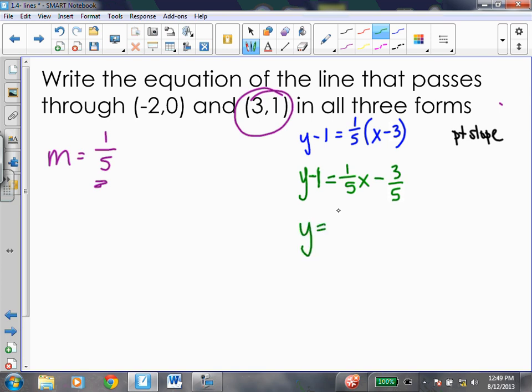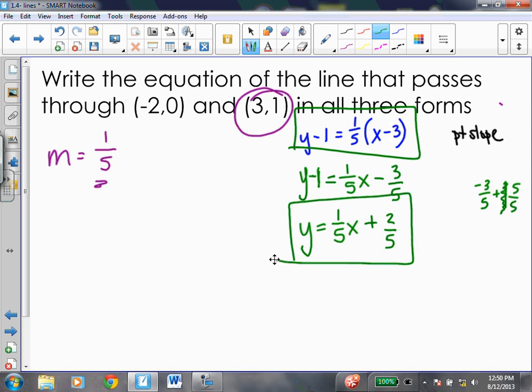So y equals 1/5 x minus 3/5 plus 1, or 5/5, would be 2/5. That's slope-intercept form.